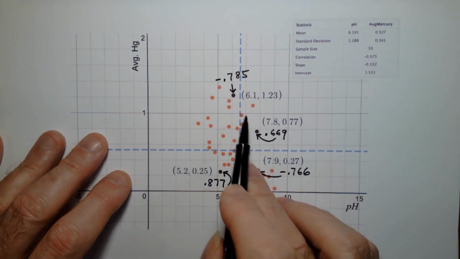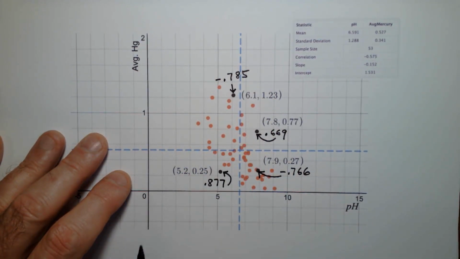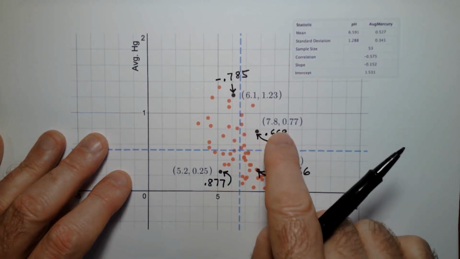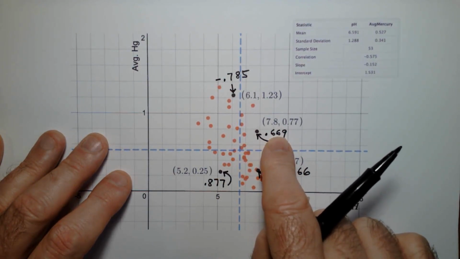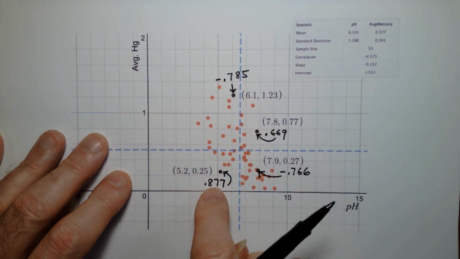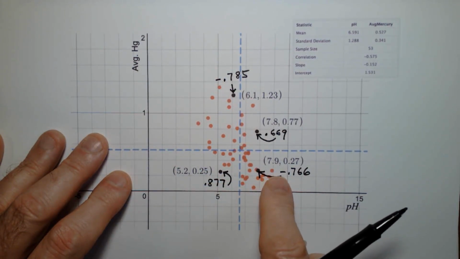We just worked this out for one point in each quadrant, and what we saw is that this ends up being a positive contribution, this ends up being a negative contribution, this one is a positive contribution, and this one is a negative contribution.